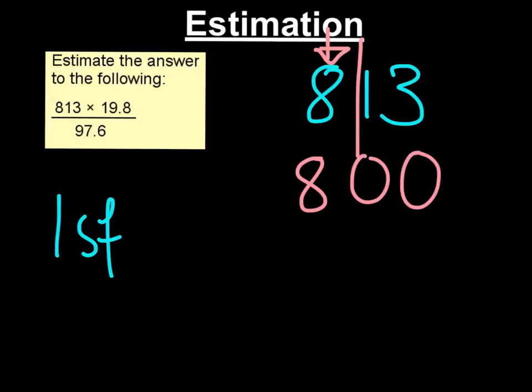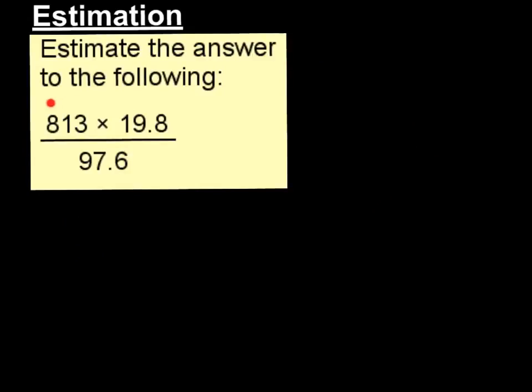Therefore, 813 to one significant figure is 800. And as you can see, we've only got one important figure, and then the rest of the digits are just zeros. And also, you can see that 813 is roughly the same as 800. Okay, so we're going to round 813 to one significant figure, which is 800.